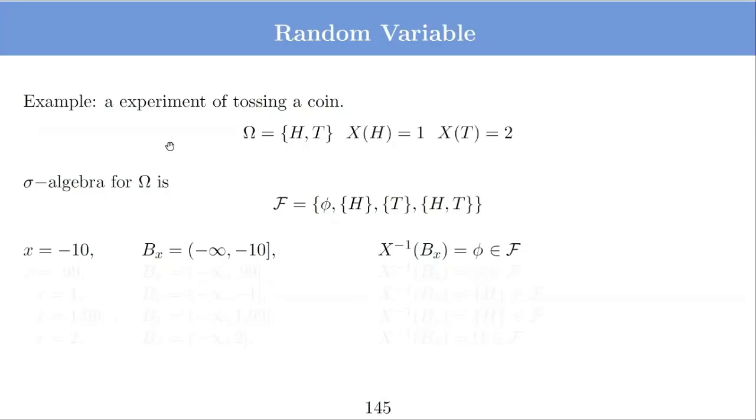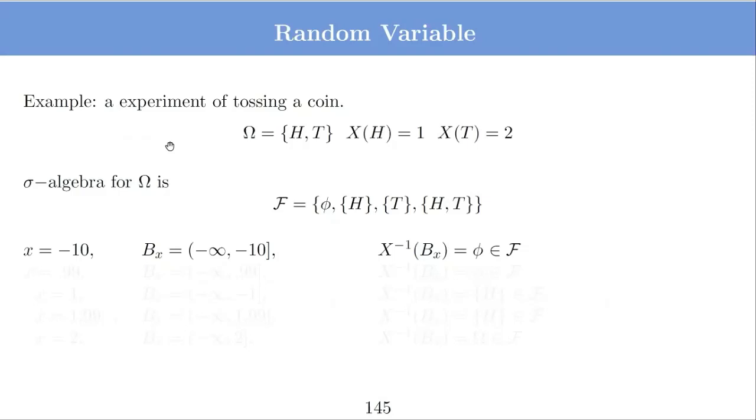So what are the outcomes which map to one element in Bx? There are only two outcomes. One is mapped to 1 and another is mapped to 2. None of them maps to any element between minus infinity and minus 10. So the pre-image will be empty because there are no such outcomes which map to this set. So the X inverse of Bx would be phi.